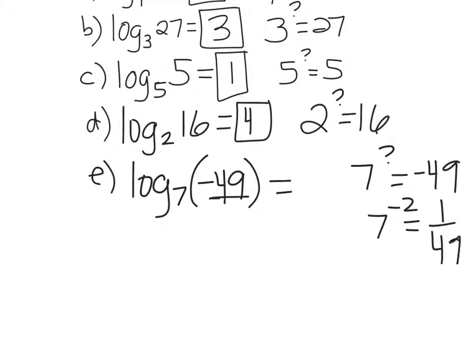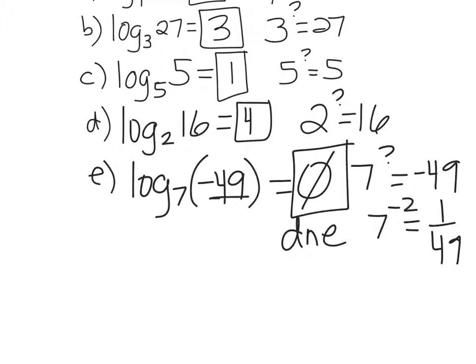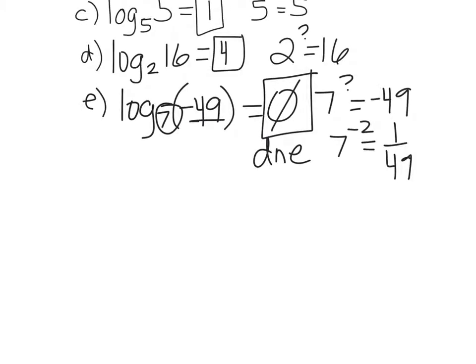It's not negative. An exponent won't give you a negative answer at all. So this one has no solution. You can write DNE, does not exist, or a circle with a line through it. Don't write 0 though. 0 is not right. Negative 7? Oh, 7's the base. And even negative 7 squared is positive 49.